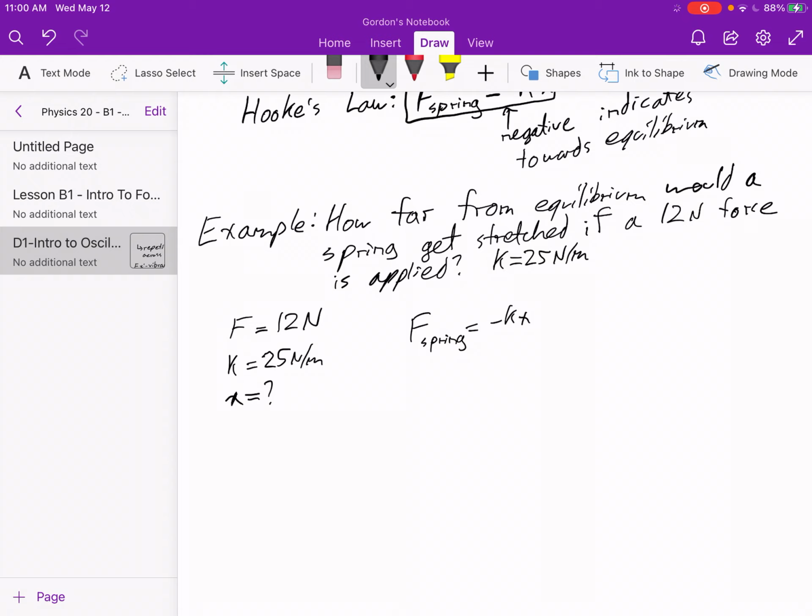So x is going to be equal to force divided by k. Like I said, we aren't going to worry about the minus sign too much here because obviously the force is pulling it back towards equilibrium. So this is 12 newtons divided by 25 newtons per meter. And when we calculate this, we get 0.48 meters is all it's stretched from equilibrium.